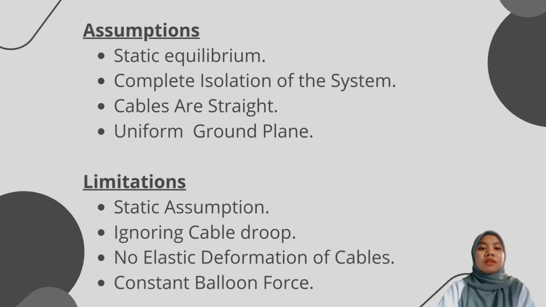Additionally, we assumed the cables were straight, massless, and inextensible, maintaining constant tension. The force applied by the balloon was modeled as a single point load at the center of the system, and the ground anchors were considered rigid and immovable.